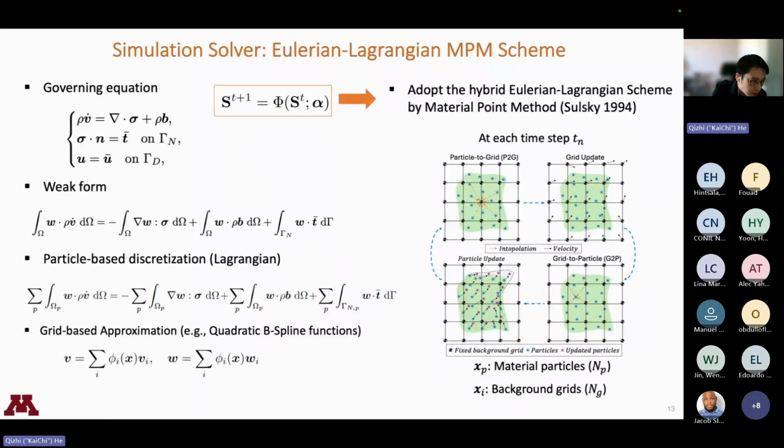We utilize the so-called Eulerian-Lagrangian type of material point method as our backbone solver, but we can also use the previous one based on the total Lagrangian material point method. Here we select this one because it is already widely utilized for this type of simulation.